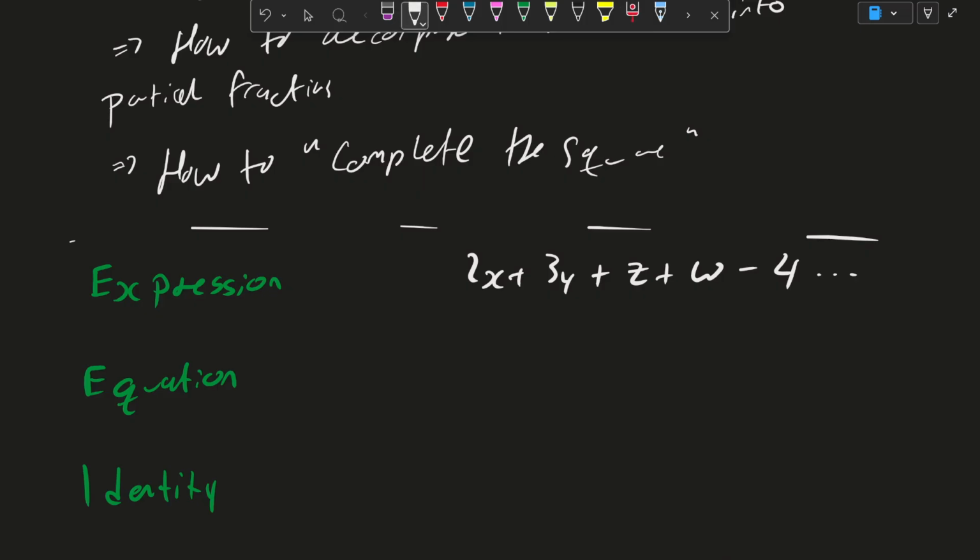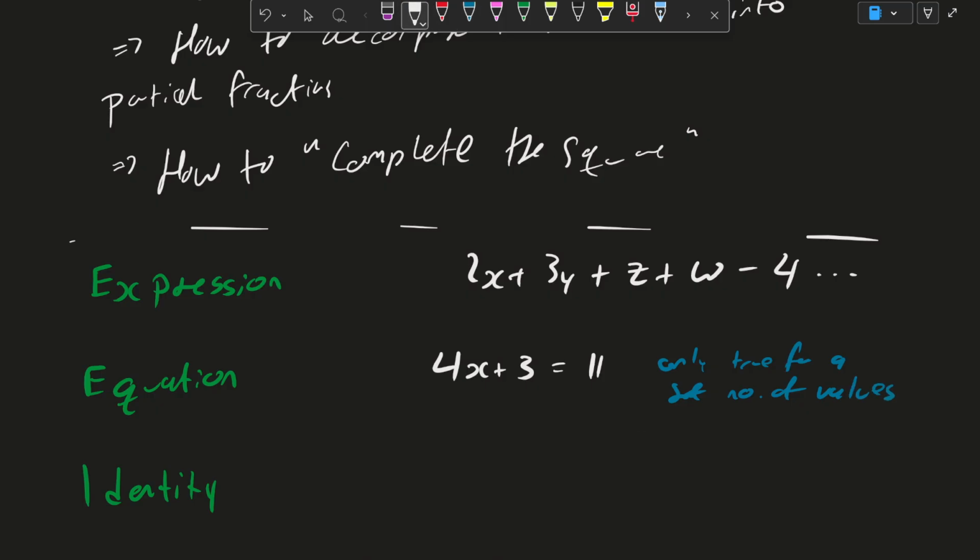The main difference we're going to be learning is the difference between an equation and an identity. An equation involves an equal symbol, so 4x plus 3 equals 11. This is an equation because it has the equal sign, and we note that this equation is only true for a set number of values.